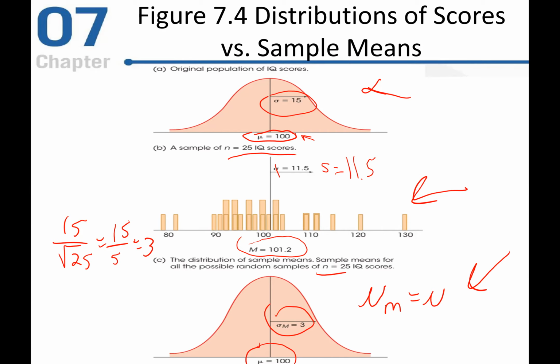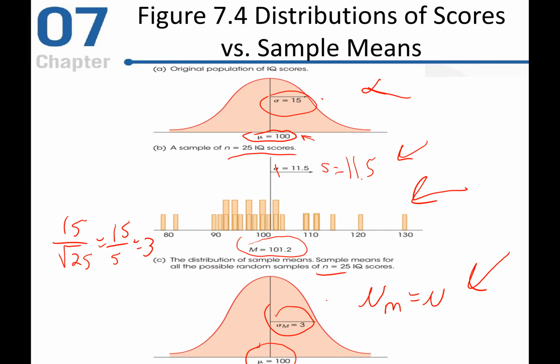And this one had a sample mean and a sample standard deviation that was different from A. And C is the distribution of the sample means with a sample size of 25.